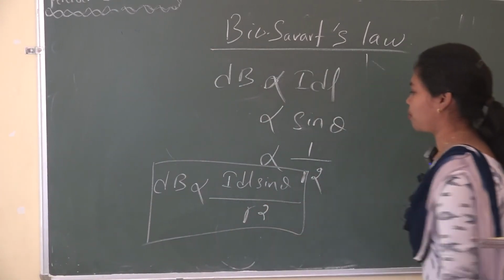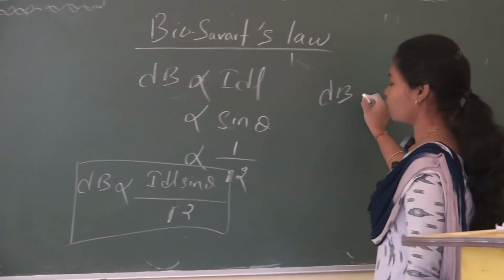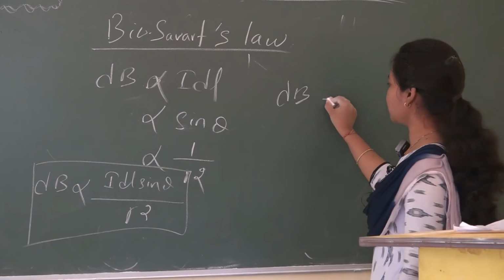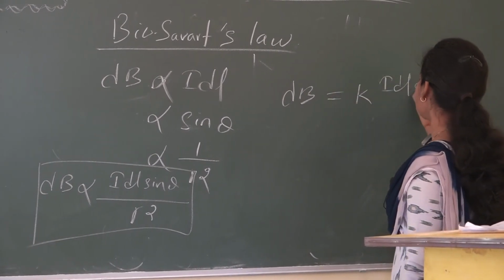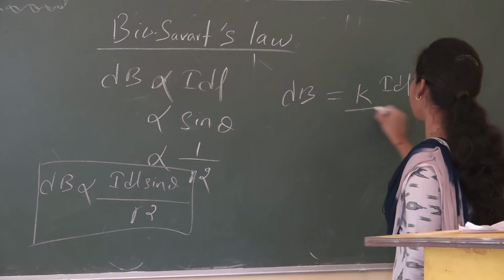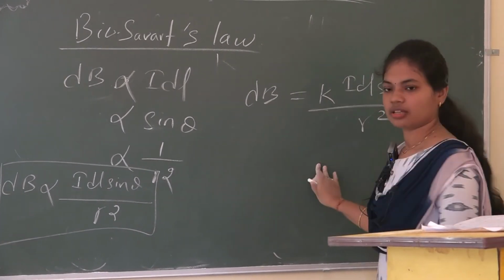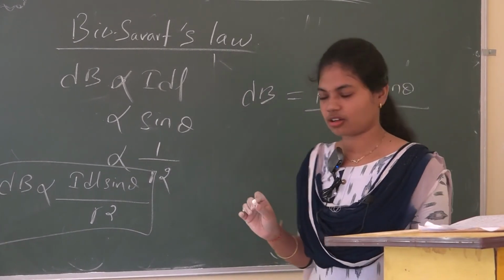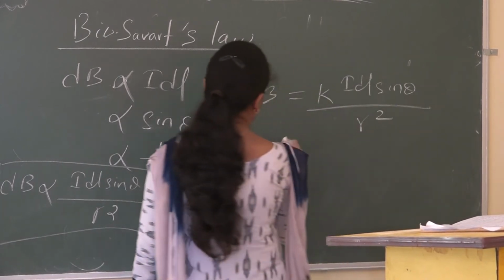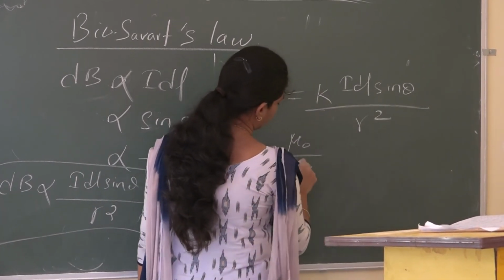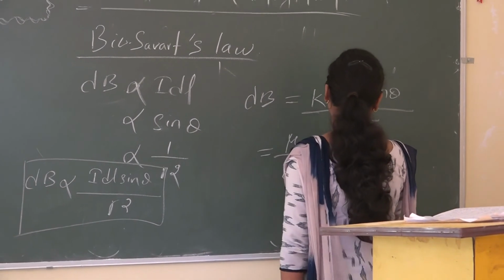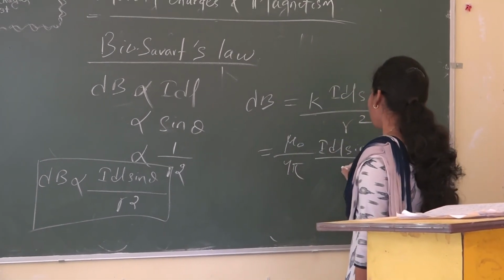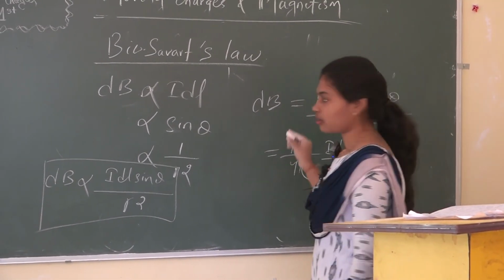When we remove the proportionality sign, we have to add a constant, so dB equals K I dl sin theta divided by r square. K is the proportionality constant. What is the value of K? It is mu 0 by 4 pi.